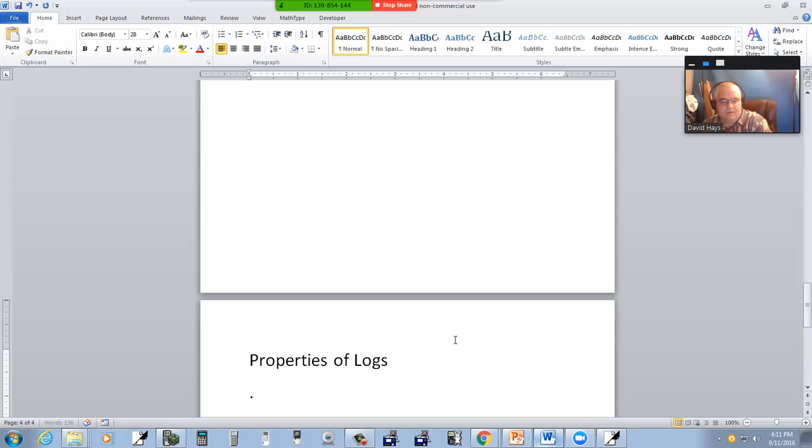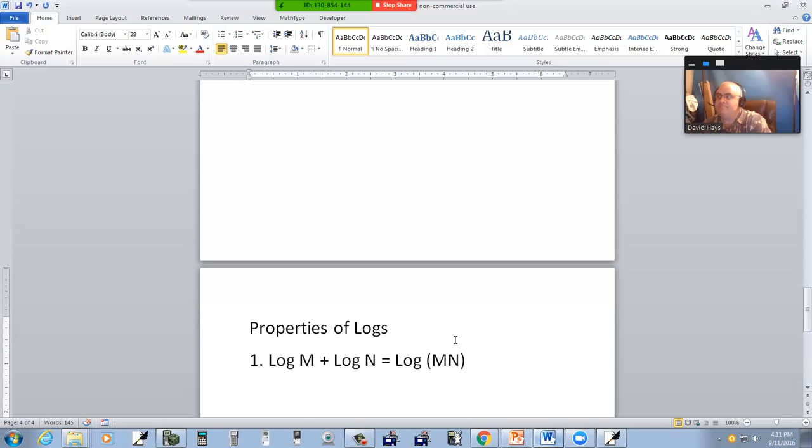Got properties of logs. Our first property says log of something plus log of something is equal to log of the two items multiplied together. If we have log of something minus log of something, subtraction becomes division.